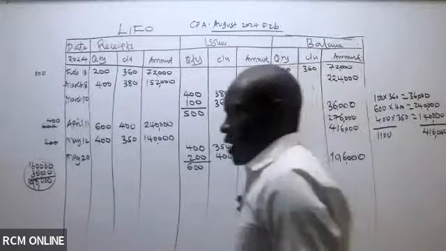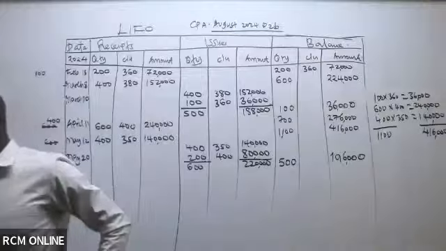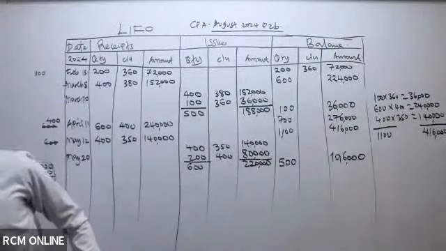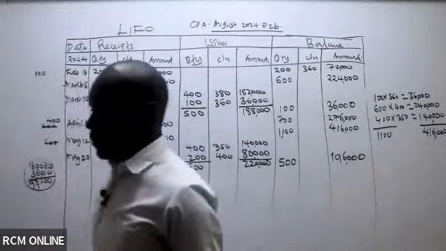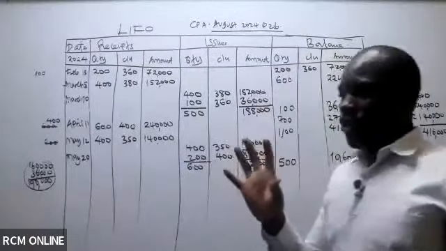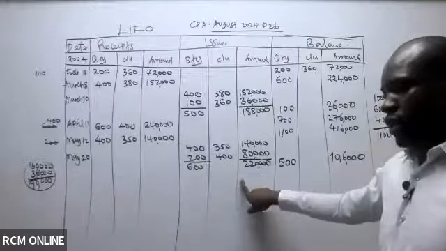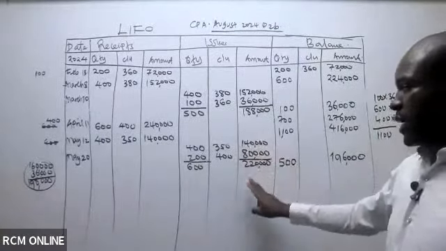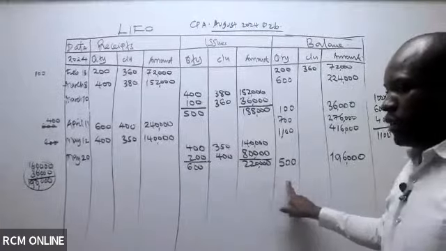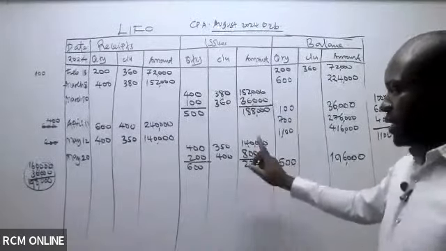I have forgotten that I had another class after this, so we have to stop. I've shared a link for a video guiding you on how to, number one, log into the class. Number two, access notes from topic 1 to topic 10. Number three, access past paper questions.